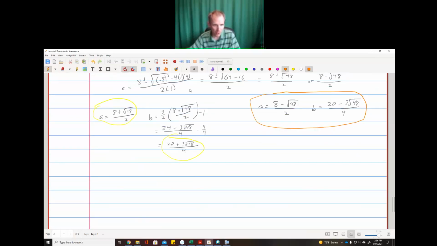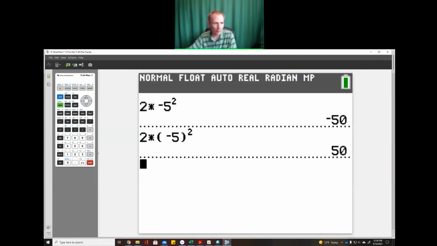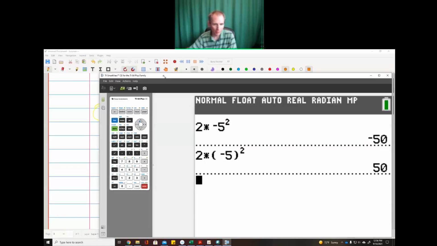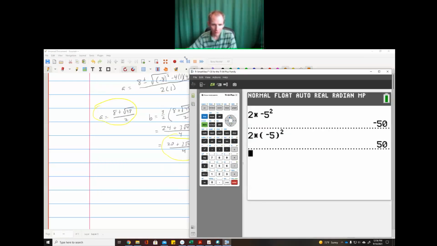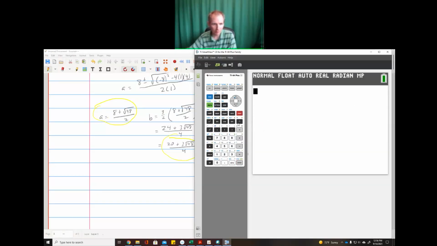Okay, so let's check these. You can use the exact values, but I think it might be a bit easier if we just approximate numerically. We'll say that's going to be fine. We're just checking values here. So for this first one, I have 8 plus the square root of 48 all divided by 2.